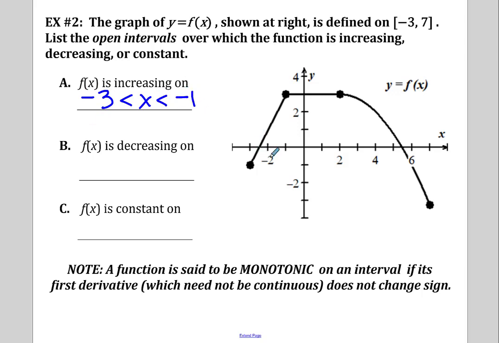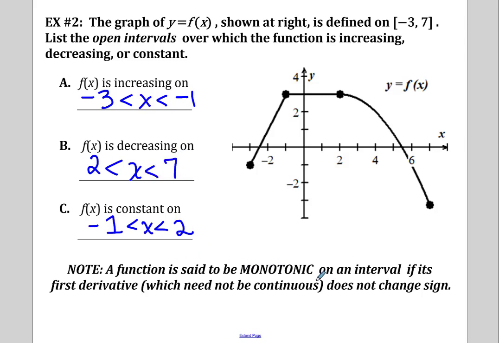This is -3. So it's increasing there. It's constant between -1 and +2. And then it's decreasing from +2 over to +7.